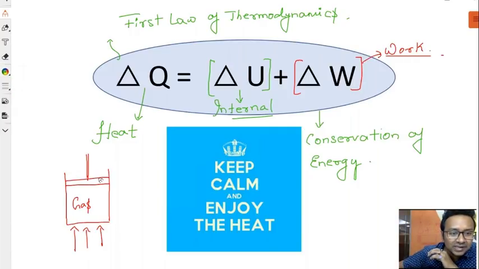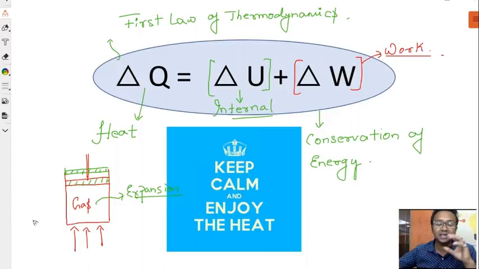Eventually, you will see that this piston might rise and come to this particular point here. So students, the gas inside this container has expanded. In order to do this expansion, some work was done by the gas.